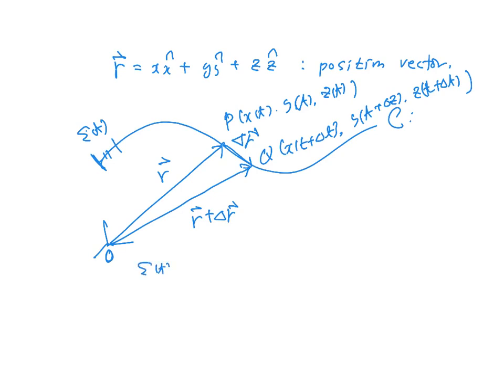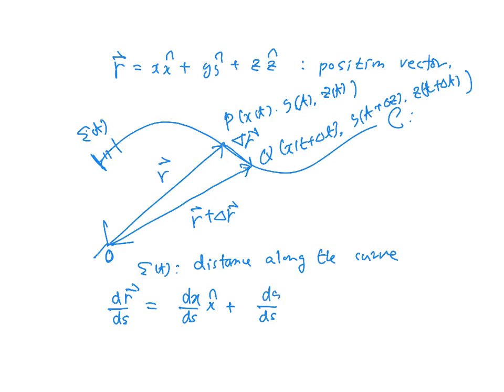So let's say s(t) is a distance along the curve. So ds over dr is actually ds/dx x plus ds/dy y plus ds/dz z.